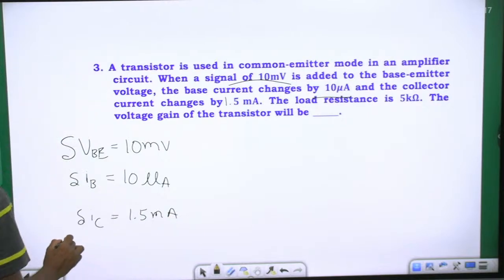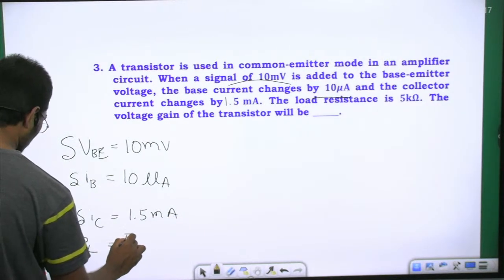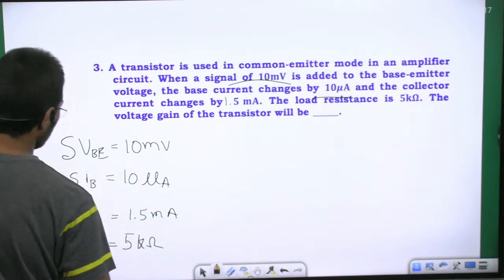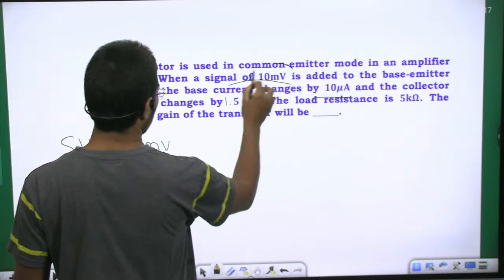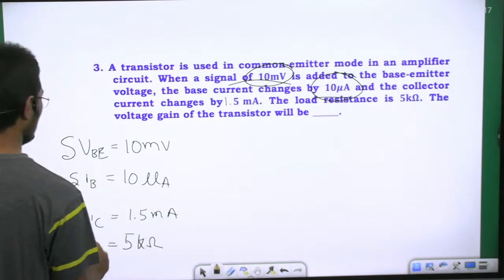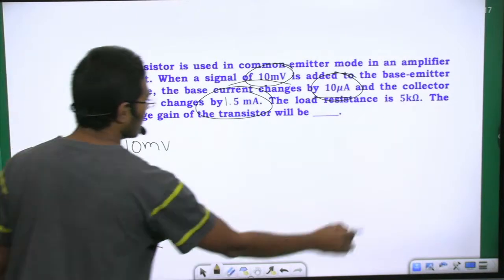Next, RL 5 kilo ohms. So VBE given 10 millivolts, IB 10 microamps, IC 1.5, load resistance 5 kilo ohms given.